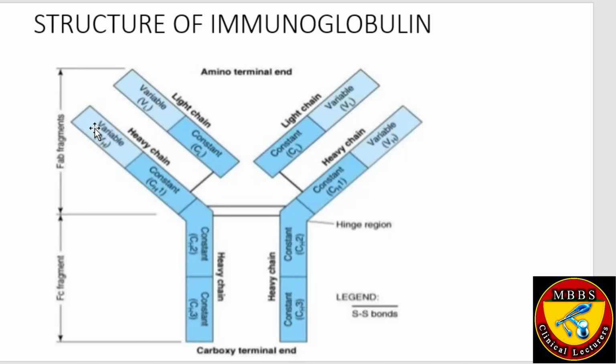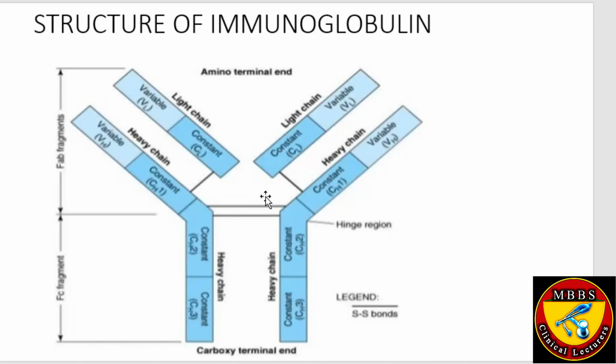These are the 2 heavy chains and these are the 2 light chains. Each light chain consists of a variable region and a constant region. Most heavy chains consist of 1 variable and 3 constant domains. The terms heavy and light chains are according to their molecular weight.